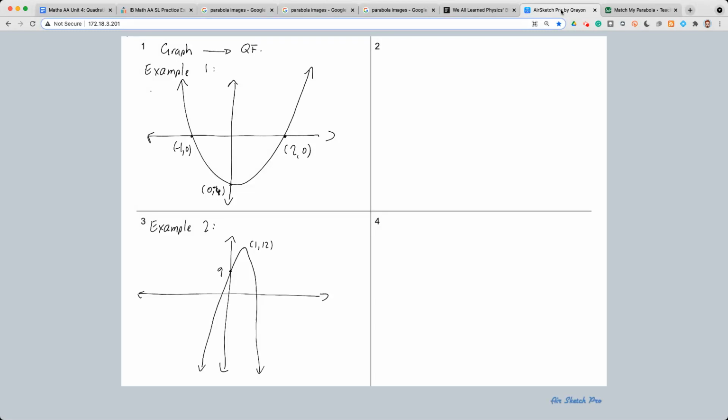So, example one: quadratic form, general form, vertex form, or intercept form. Which one do you reckon? Let's go straw polling. General form.